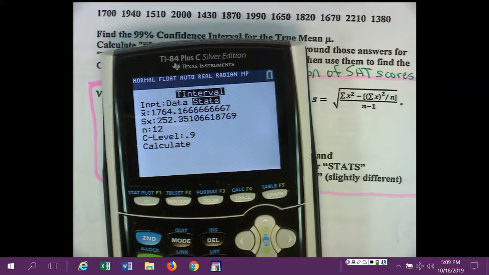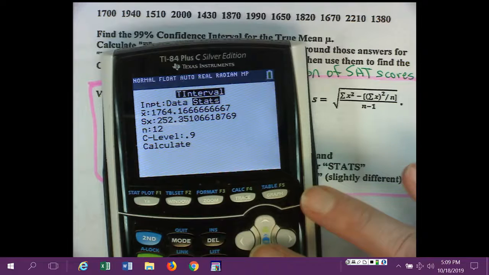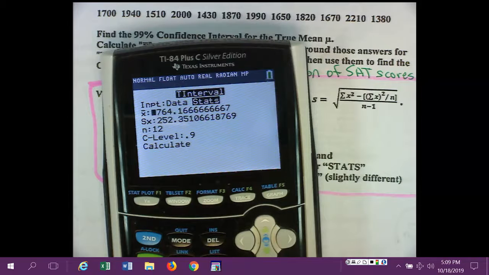When you calculate it as a statistical problem instead of a raw data problem using the TI-83/84, it will match up with what you calculate by hand with a basic calculator. If it doesn't exactly match up, it will more closely match up with what you do by hand. When you go to give the sample mean, you need to put in 1764.2 and then 252.4.